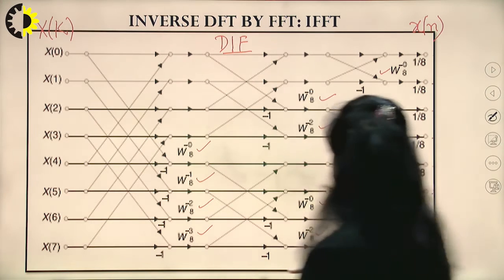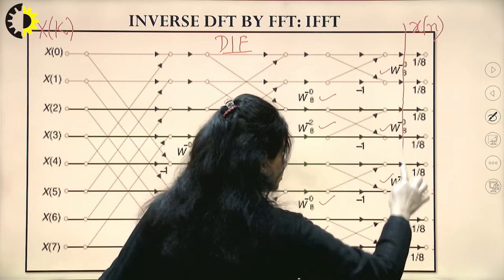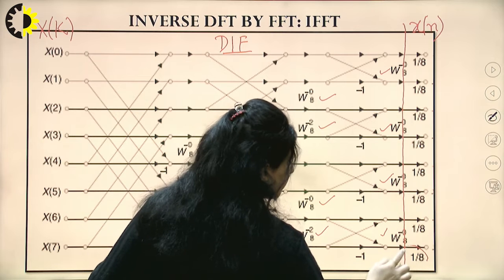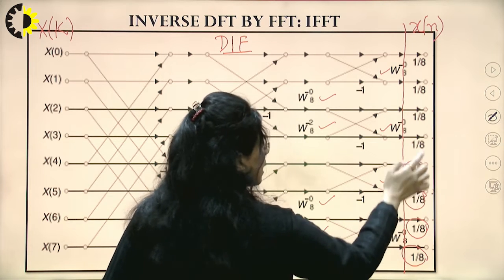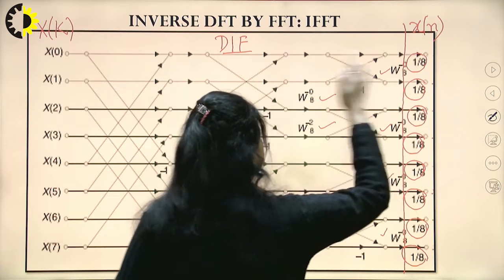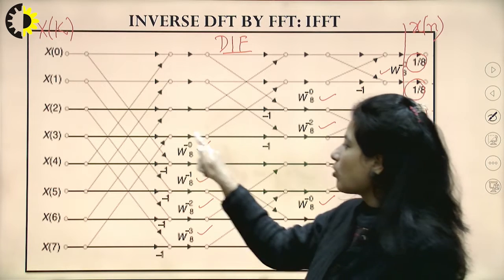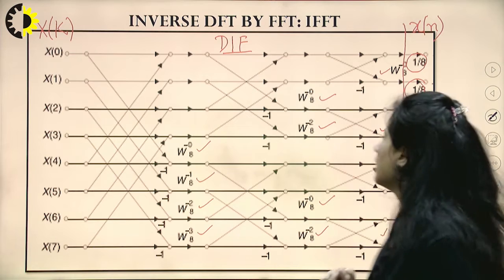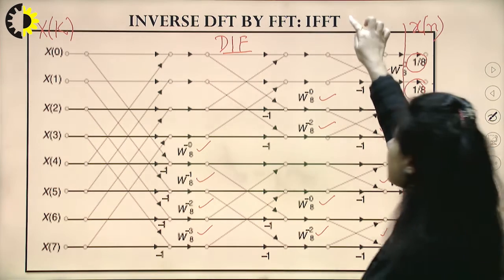And in the last stage, I can see once this complete calculation has been completed, everywhere I have multiplied the answers by 1 by 8. So in the entire graph of DIF, I am seeing two differences: conjugate Twiddle factors and scaling of the output by 1 by 8, because here N is 8.